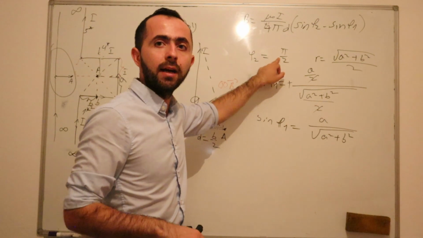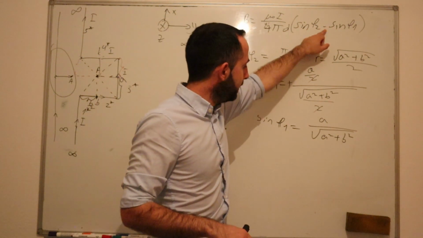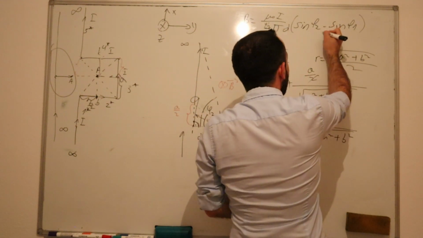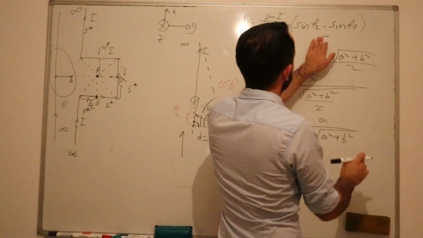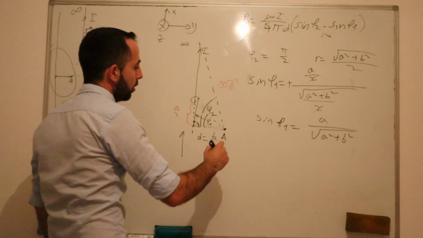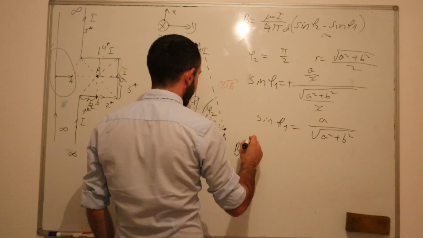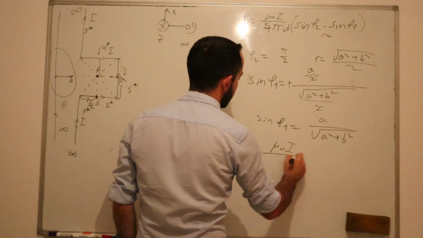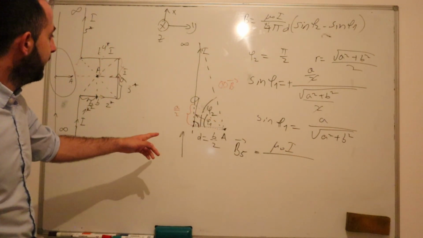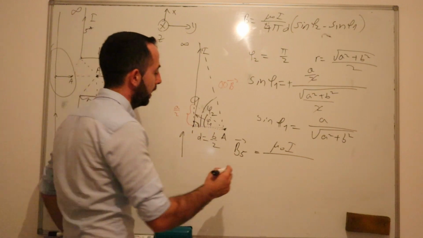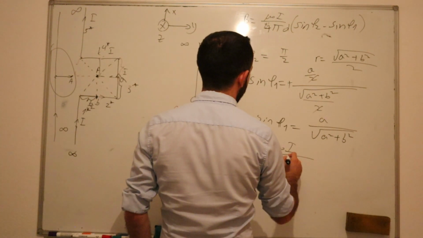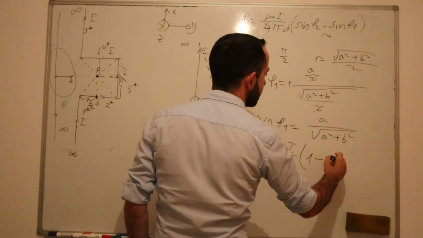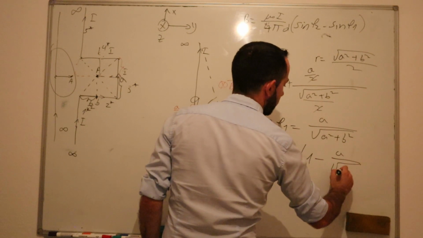Sine phi2, sine 19 degrees, is 1, minus, because sine phi1 doesn't change, it is a positive value, so it will be minus this. So this is our B5, equal to mu0 I over 4 pi d. D in this case is b half, so it will be 2 pi b times 1 minus a over the square root.